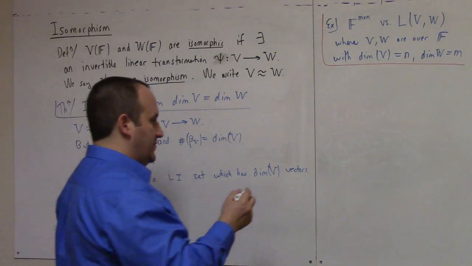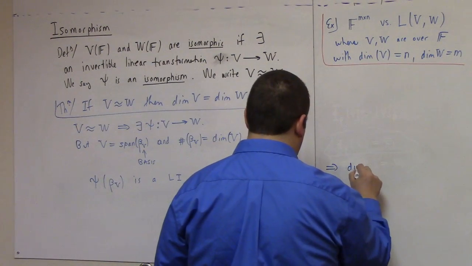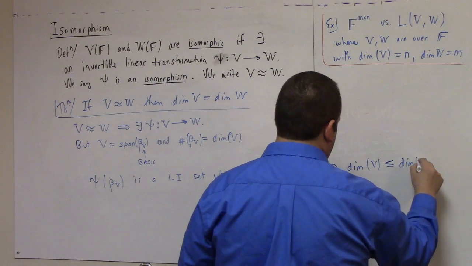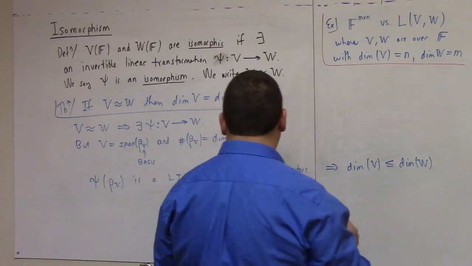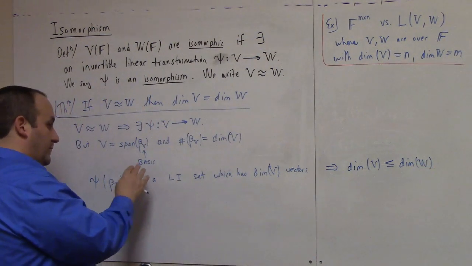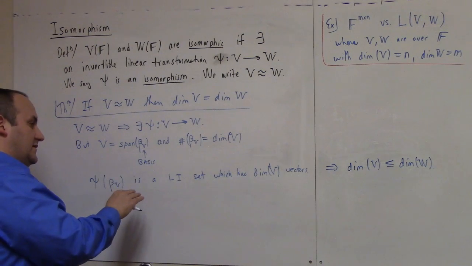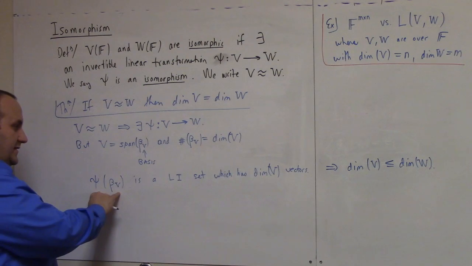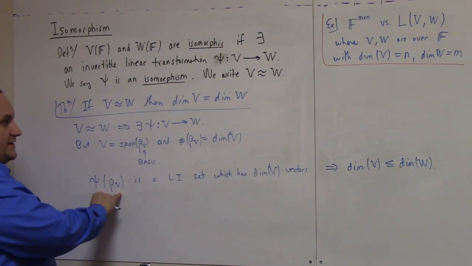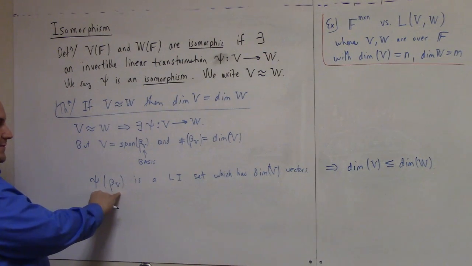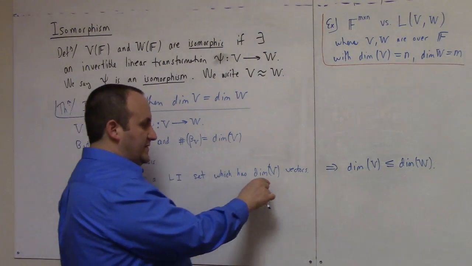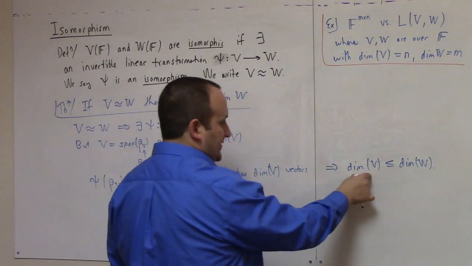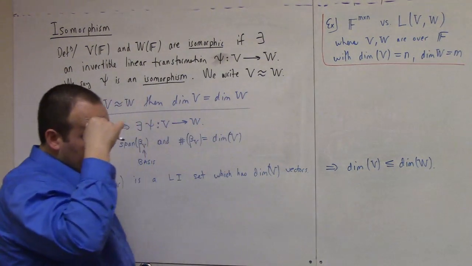Of course, this implies that the dimension of V is less than or equal to the dimension of W. By that theorem, we worked pretty hard to prove, if you look at the span of these things, they have to fit inside W. So that means that you have at least this many linearly independent vectors in W. So the dimension of V must be less than or equal to the dimension of W from this calculation.